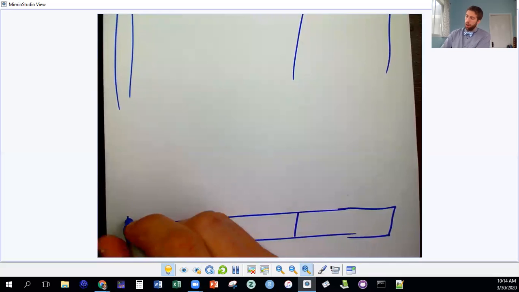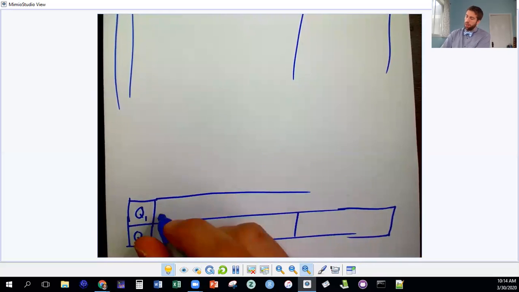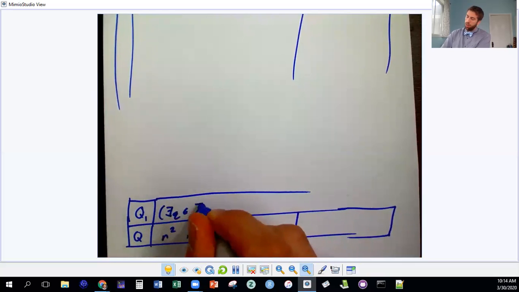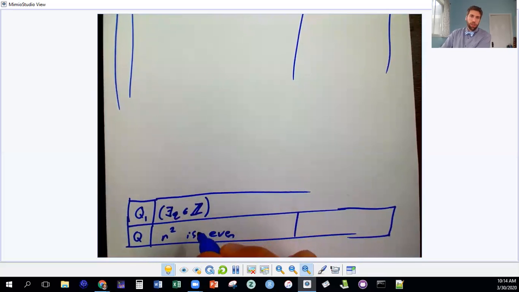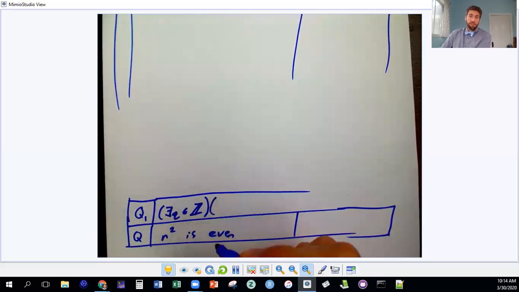So then unpack this definition. So Q1 is that there exists a q in the integers. I don't know why I keep using little q for this, but the book keeps using it too. You don't have to use little q; you can use whatever letter you like.